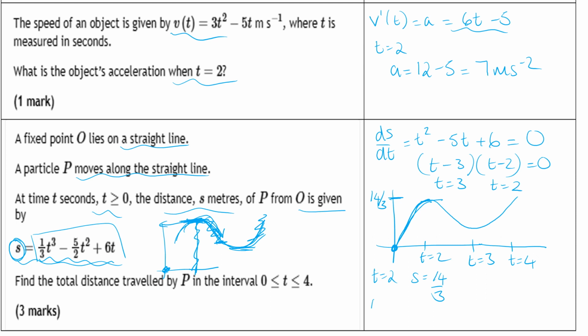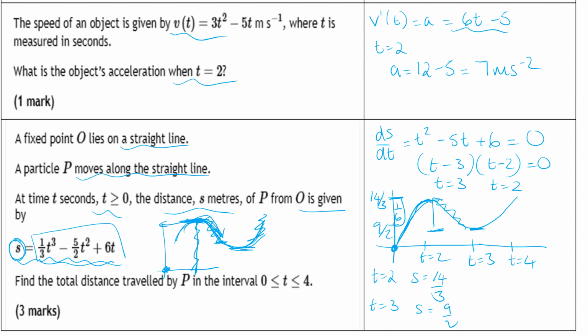But then when t is equal to 3, s is equal to 9/2. So that bit there is 9/2. So in terms of the distance travelled, we need to take them away from each other. We need to find vertically on the graph how far that is. And if you do 14/3 and take 9/2 away, that comes to a distance there of 1/6.